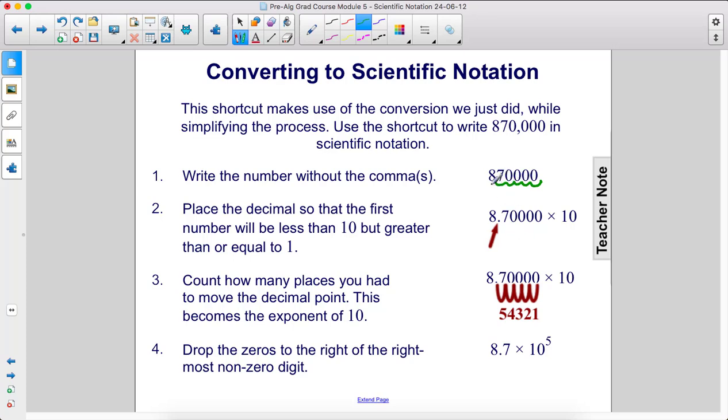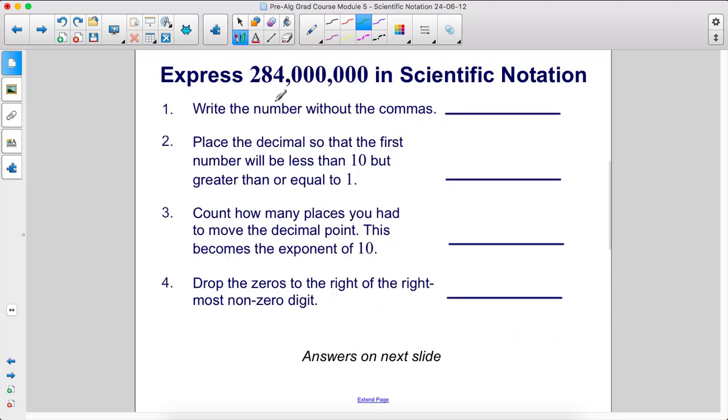And remember, we're not going to move it here because that would give us a coefficient less than 1. Remember, we want the coefficient to be a number between 1 and 10. So 8.7 is where we want that decimal. So because we had to move the decimal 5 places to the left, we're going to multiply the coefficient by 10 to the 5th.